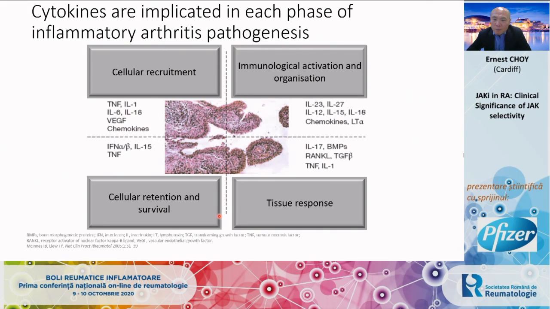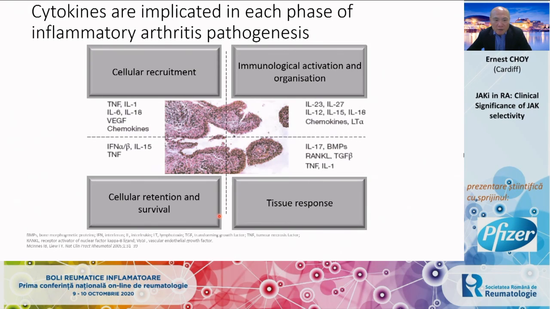It is now pretty clear that in fact different cell types and different cytokines are involved at different stages of this biologic process. So you will be familiar from the last talk that we have many monoclonal antibodies approved for the treatment of rheumatoid arthritis over the last 20 years.